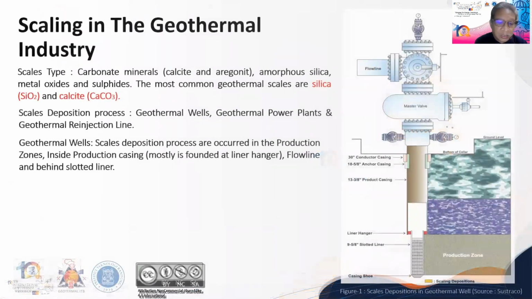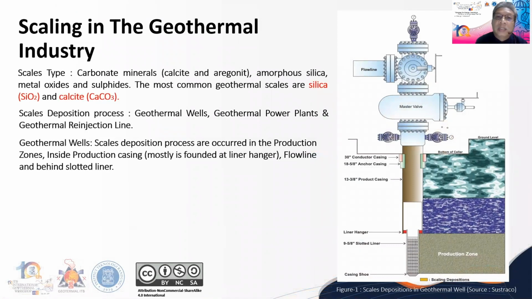As all of us are aware, scaling is the most classic problem commonly found in the geothermal industry, since it could deplete the electricity production and increase the maintenance cost.